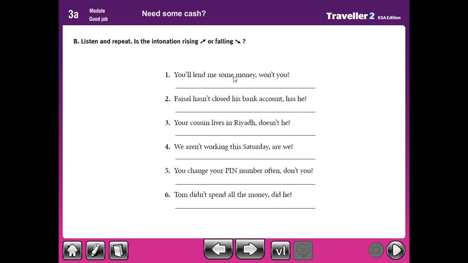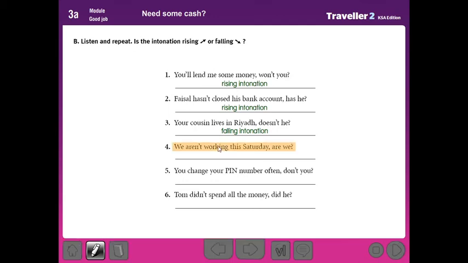Now listen again, sentence by sentence. You'll lend me some money, won't you? Here the intonation is rising. Faisal hasn't closed his bank account, has he? Rising intonation. Your cousin lives in Riyadh, doesn't he? Falling.